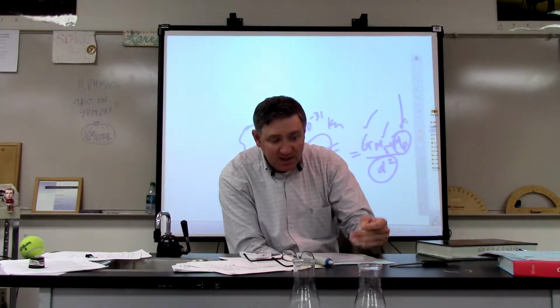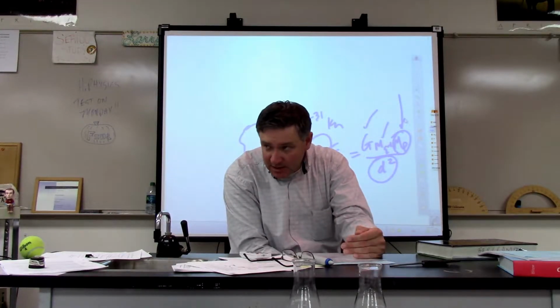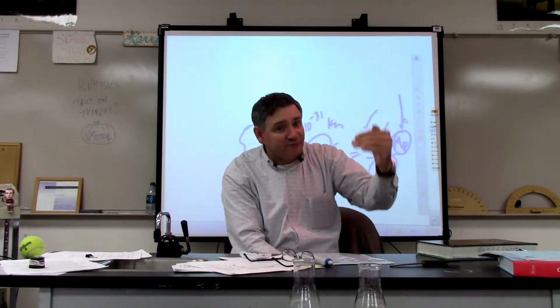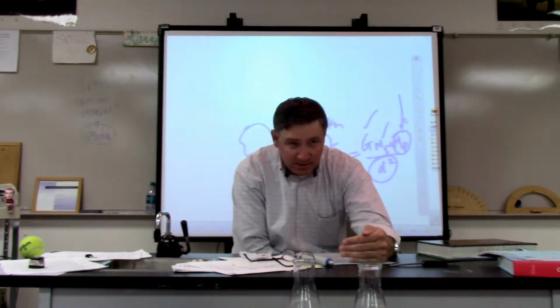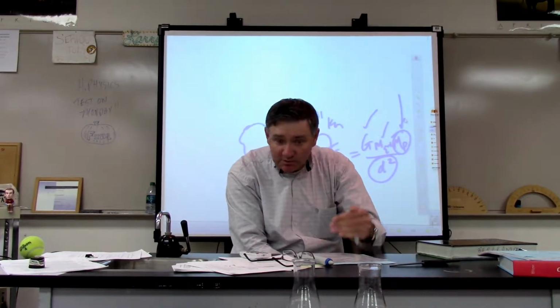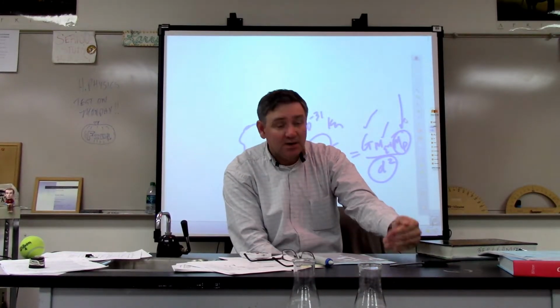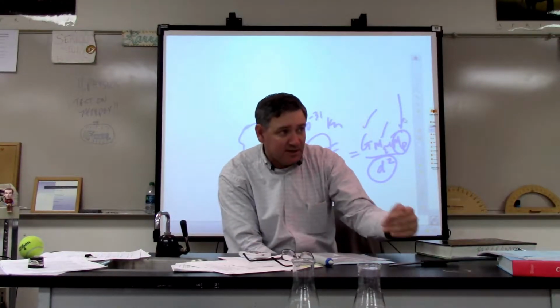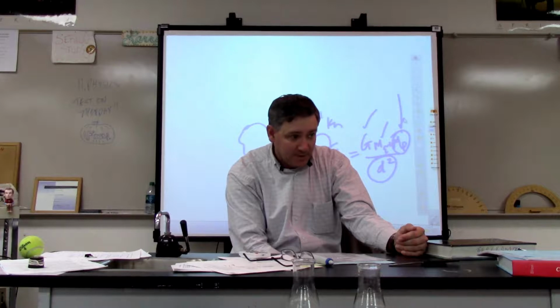You're going to use the radius that you found in 14, but you have to use the radius before you subtract out the radius of the Earth. So don't use the final answer from 14.